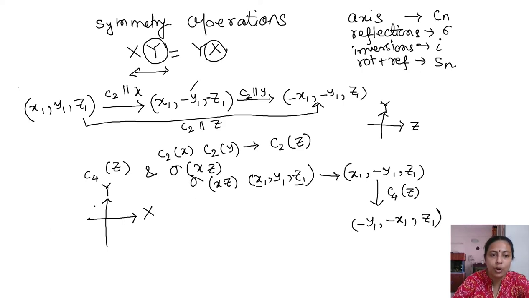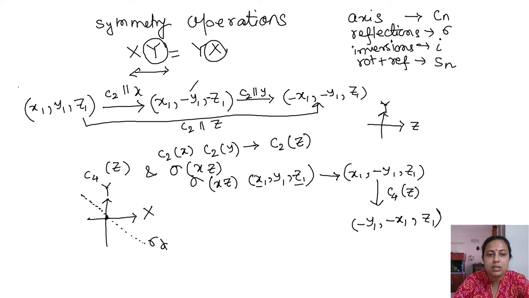Now, is it not similar to a sigma d plane? Along this particular point, if you have a sigma plane, this is called a sigma d plane.